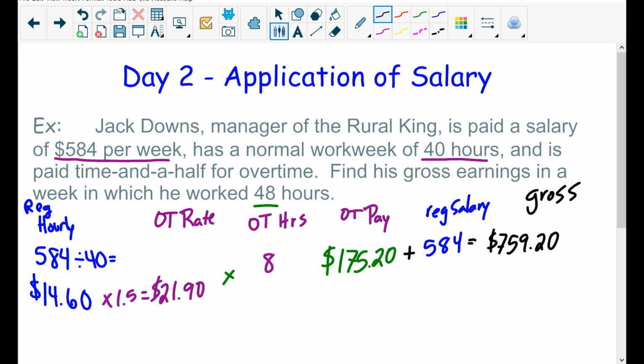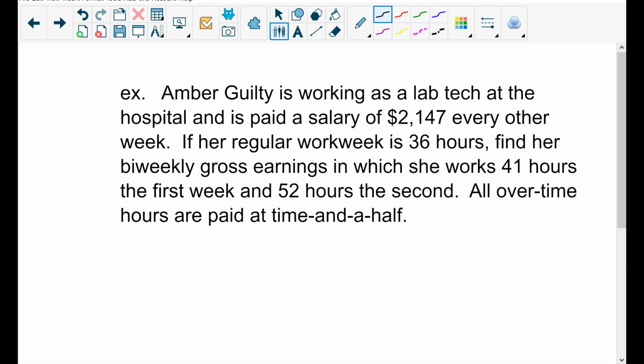All right. Let's do one more together. Amber's working as a lab tech at the hospital and is paid a salary of $2,147 every other week. If her regular work week is 36 hours, find her bi-weekly gross earnings in which she worked 41 hours for the first week, 52 hours for the second week. So how can we calculate her regular wage?